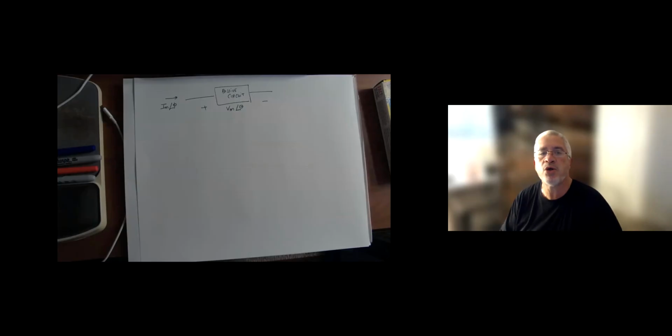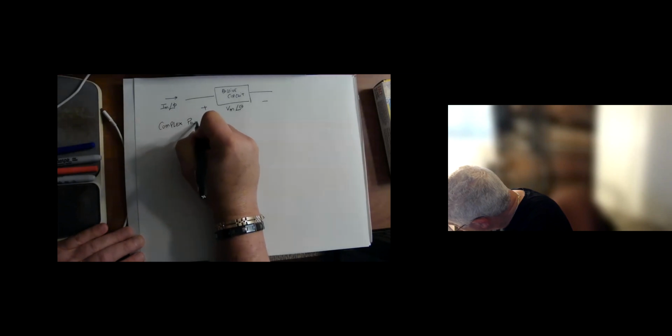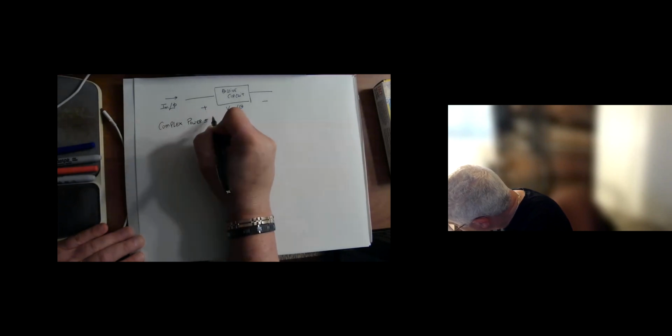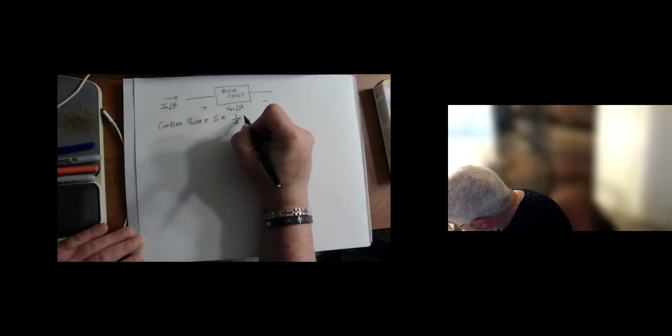Obviously, we're solving this circuit using the phasor method. And we've essentially been saying that the complex power is the most complete power definition, defined as S, and we define it as 1/2 voltage times current conjugate.